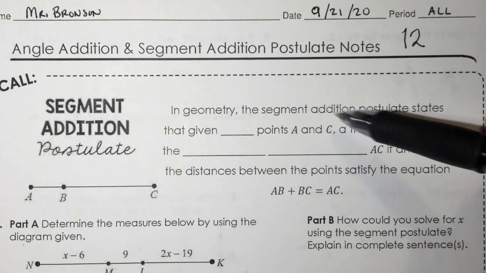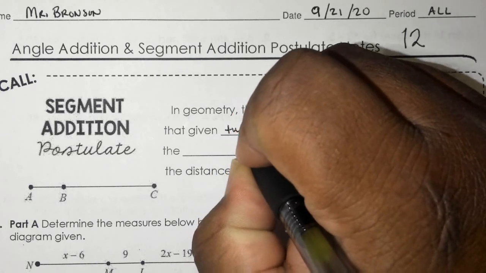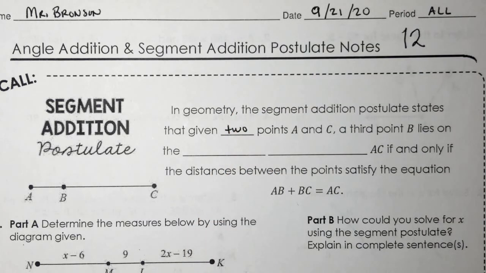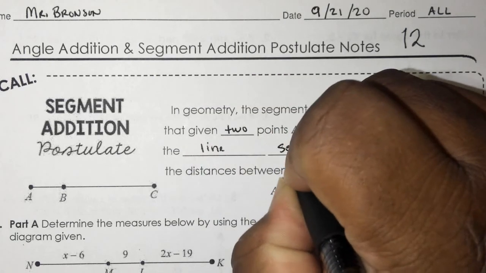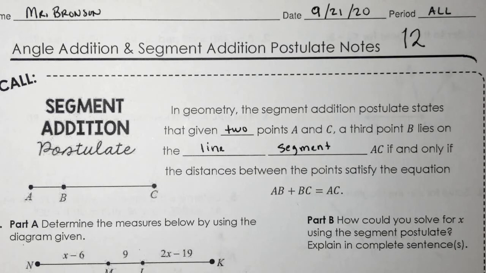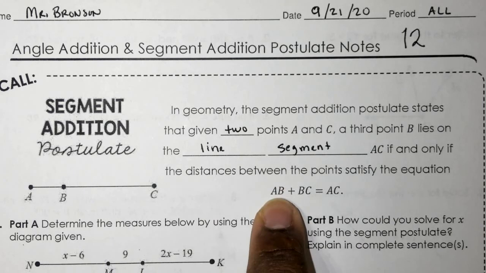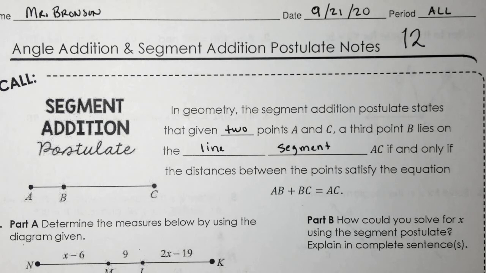So in geometry, the segment addition postulate states that when given two points, A and C, and a third point B that lies on the line segment AC, if and only if the distance between the 2 points satisfies the equation AB plus BC equals AC. That is a segment addition postulate.